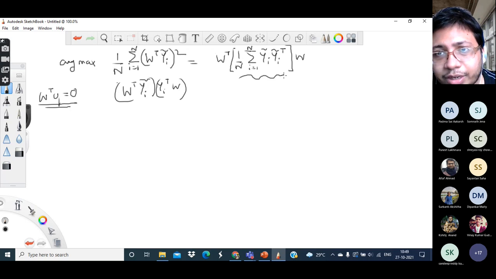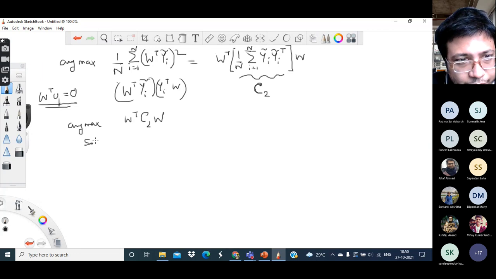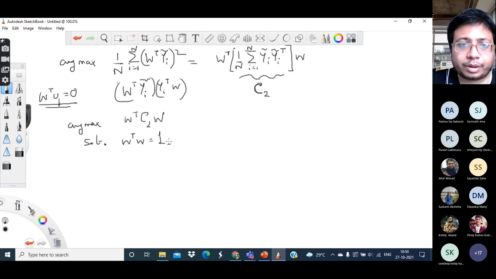Now this quantity, as I can understand once again, is basically the sample covariance matrix C of the Y's. So instead of C, let me call it C2. So I am trying to solve: argmax of W transpose C2 W. Now the constraints. Constraint number 1 is that W should be unitary, that is W transpose W should be equal to 1.